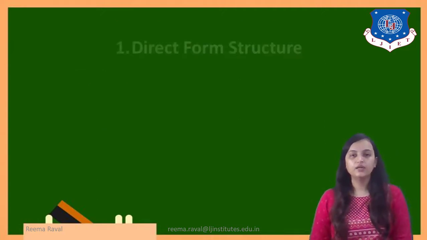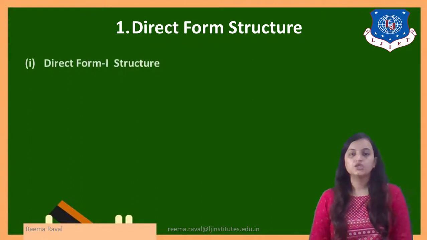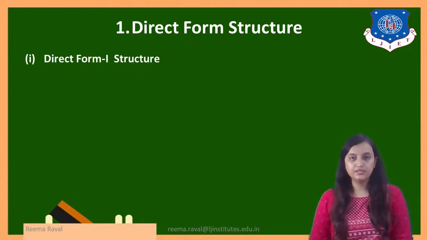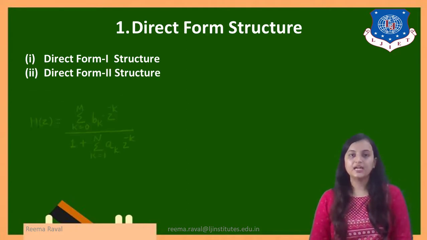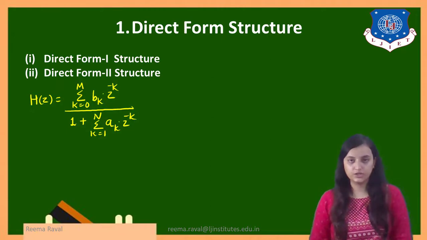Let us see the first one, direct form structure. In direct form structure there are two types. It is divided into two types. The first one is called direct form 1 structure, and the second one is called direct form 2 structure.